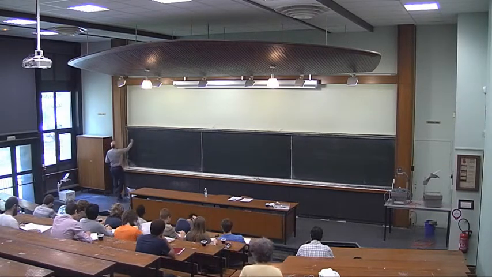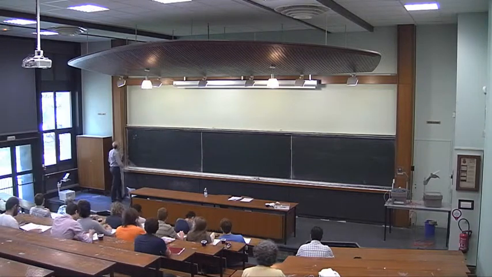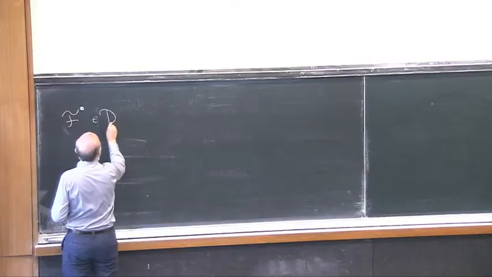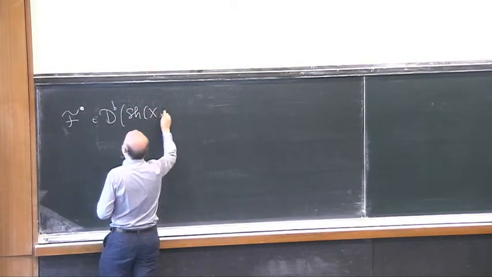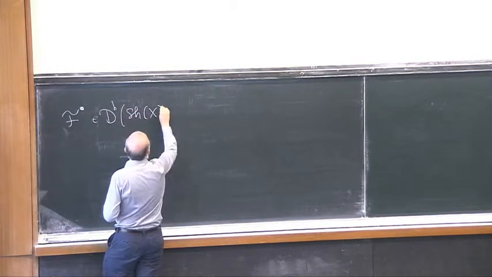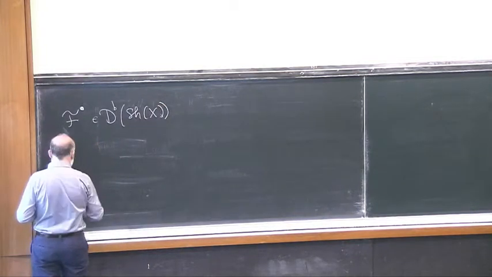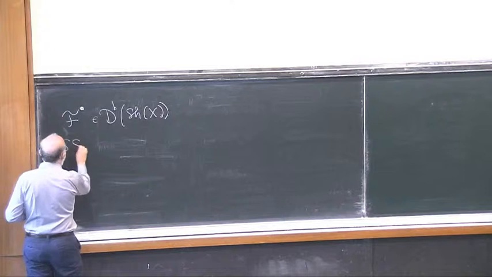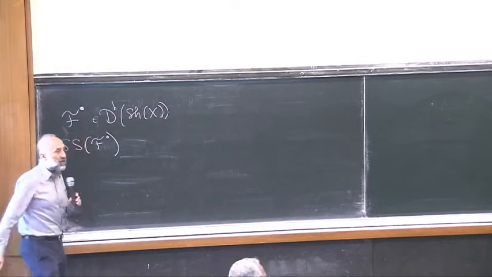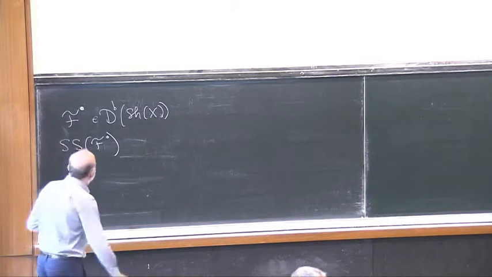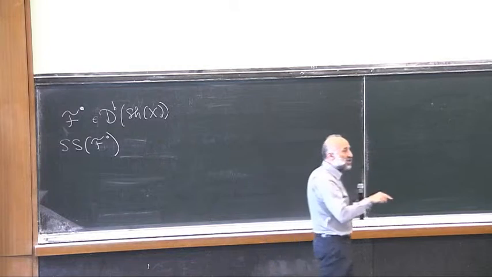So last time I defined, for a sheaf or a complex of sheaves F, in fact for F in the derived category of sheaves, something which was called the singular support of F. And the idea of the singular support is that it tells you in which direction the sheaf changes.